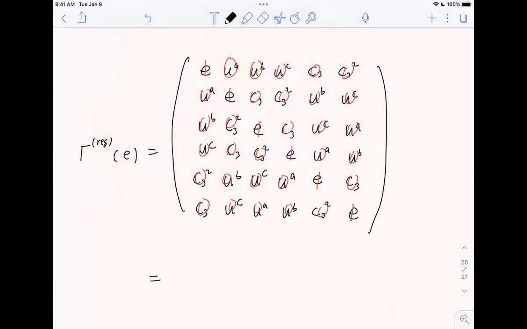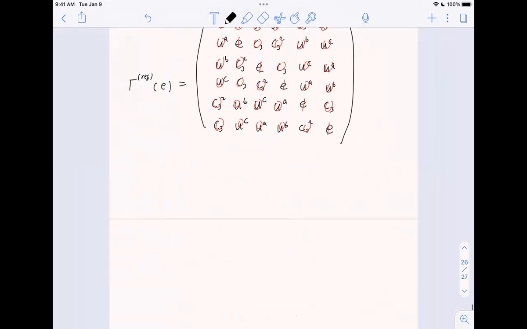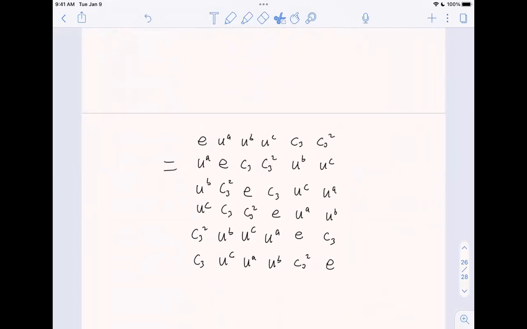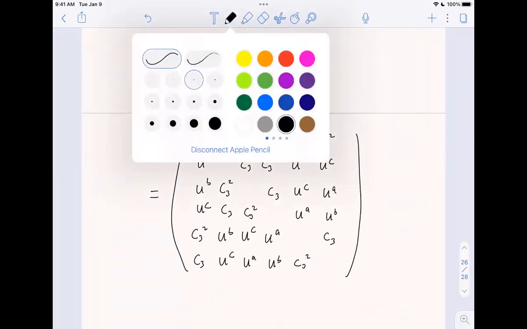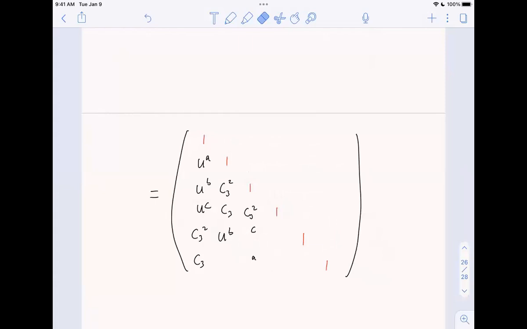And then eventually what you will get is, let me write it here, you just get all of this 1, and all the other things are just 0. So that is one matrix.